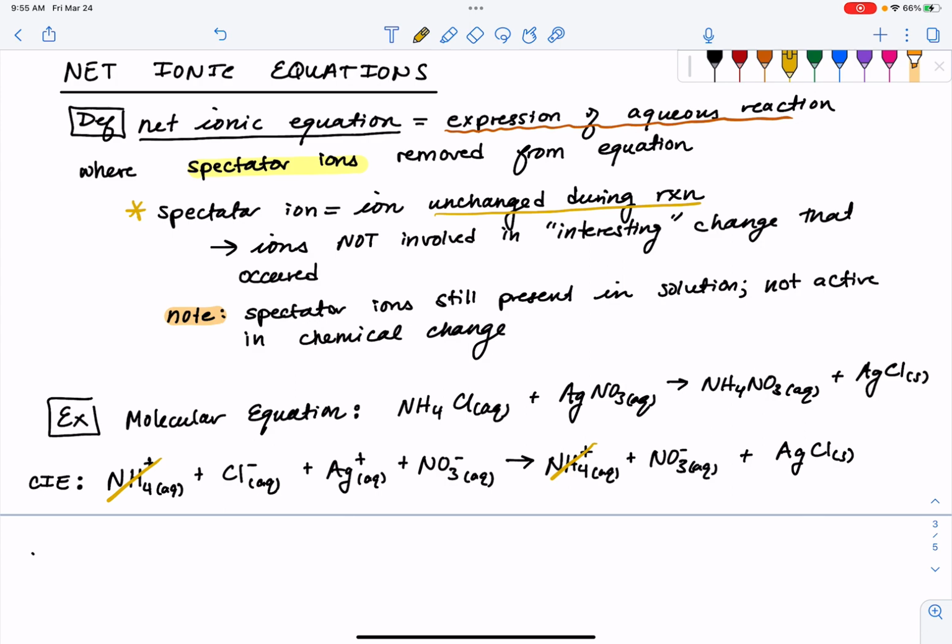So that is one of our spectator ions. And then we've also got the nitrate ion, which appears the same both pre and post reaction. So the nitrate ion is just hanging out in solution, not undergoing any kind of chemical change.